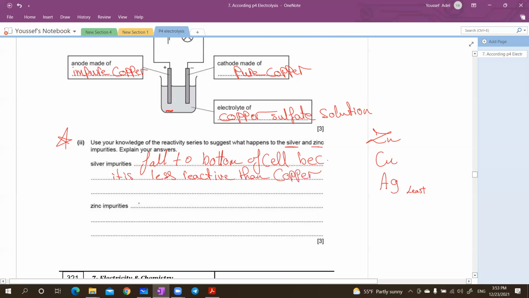But the zinc impurities will dissolve into the solution as ions because zinc is more reactive than copper.